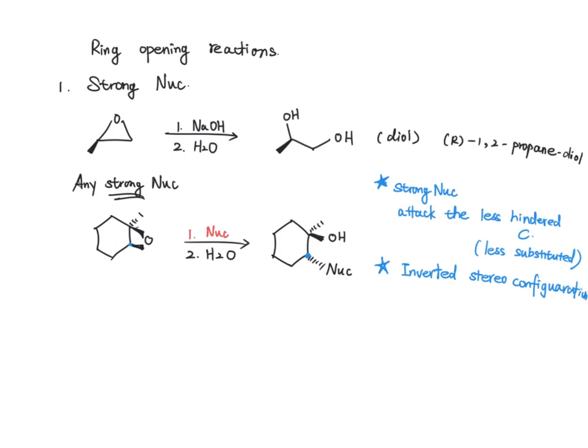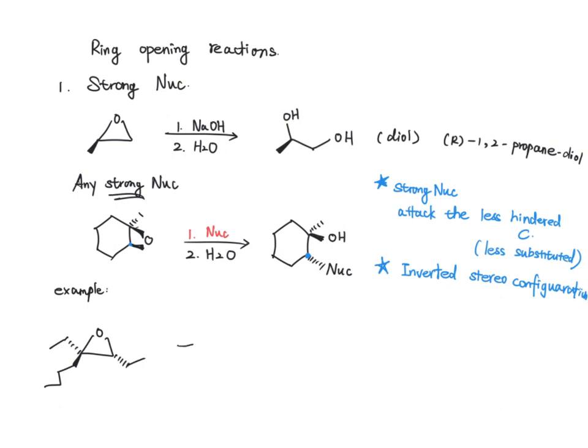Now I'm going to give you another example here. So we start with this crazy looking epoxide. 1, 2, 3, 4, okay, for plenty. Butyl group, and we have this acyl group on this side, okay.